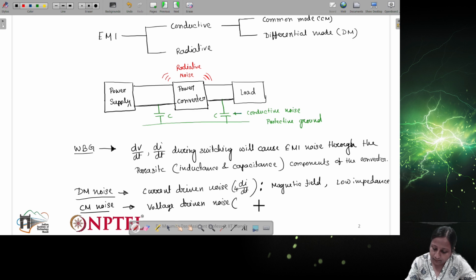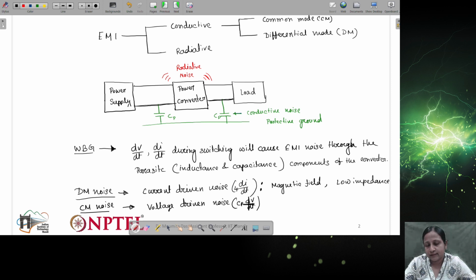So this parasitic capacitance, I can also represent as Cp, in order to make it clear that these are parasitic capacitances. So this Cp with respect to this dV dt will cause this CM noise to be present, right?